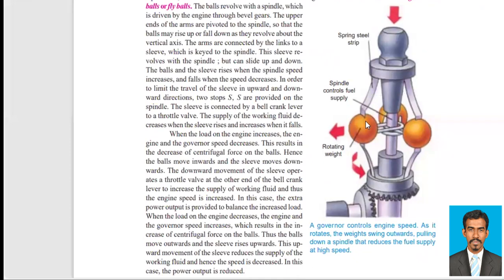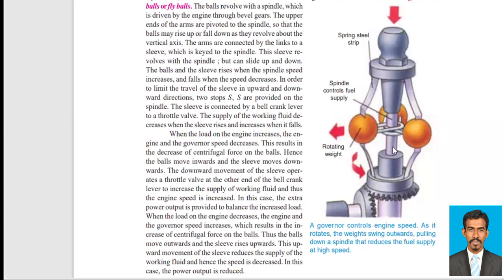There you can see there are a few components. Here it is mounted with a bevel gear. This bevel gear is responsible for the change in the speed. Based on the rotation of this bevel gear, the system attached to it will either move up or move down.